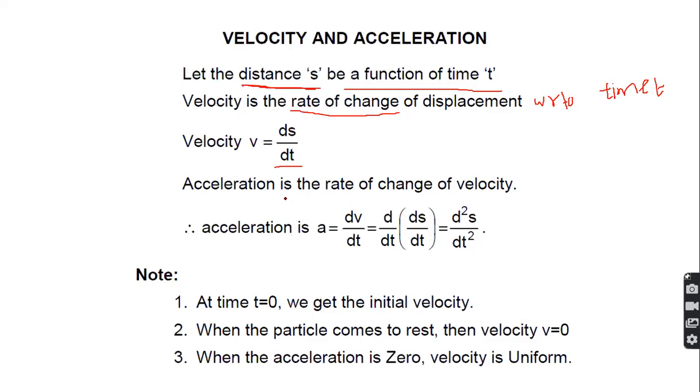Acceleration is the rate of change of velocity. So rate of change of displacement is velocity. Rate of change of velocity is acceleration, which is denoted by a. That acceleration is very useful in finding dynamics problems.